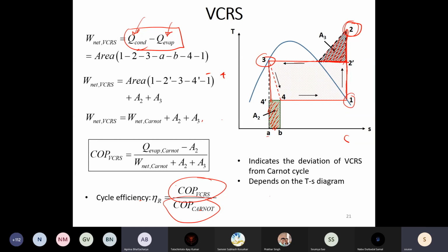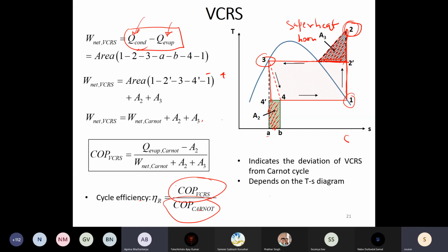And we incurred one additional area under this curve. So this is called the superheat horn. Just a name given because by the time the gas comes out of the compressor, it is significantly superheated. It is no more at the saturated vapor point, it is superheated.